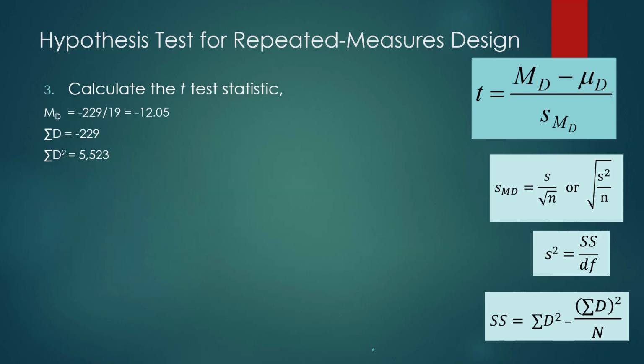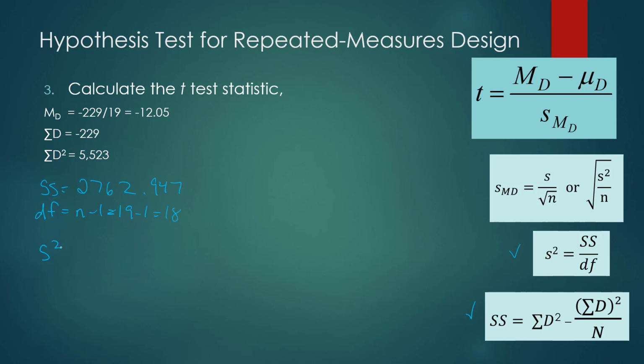Next, I need to calculate the t-statistic. So my sum of squared deviations was 2,762.947. I need to get my variance. So degrees of freedom is my n minus 1, my 19 minus 1, is 18.